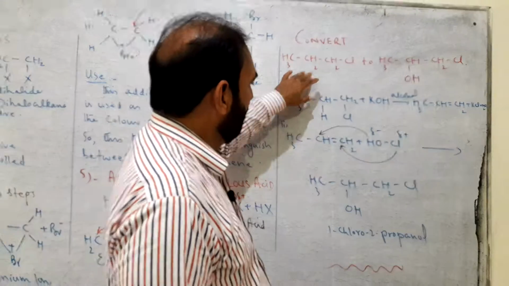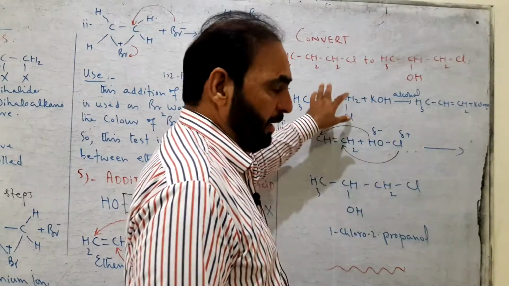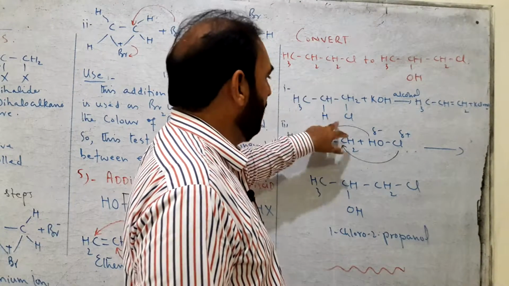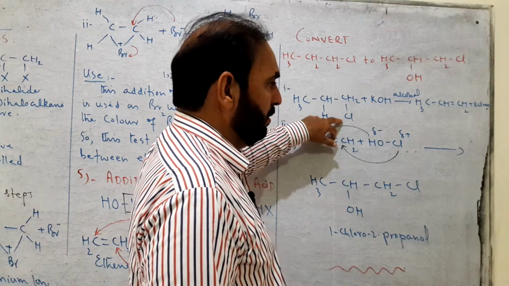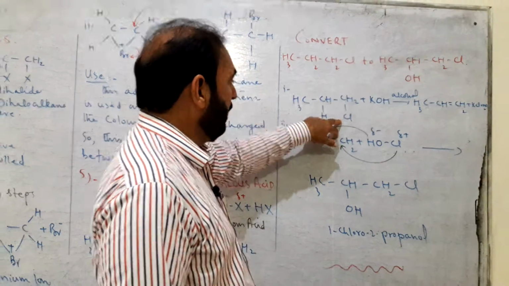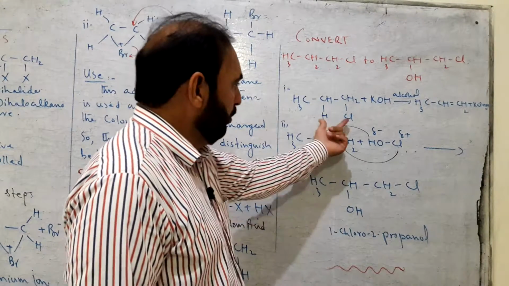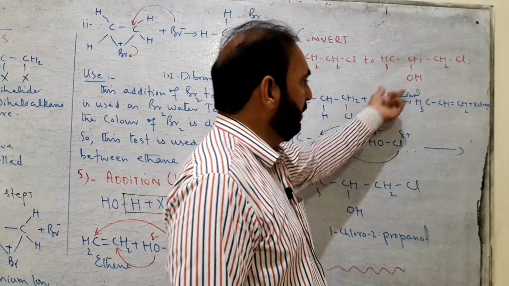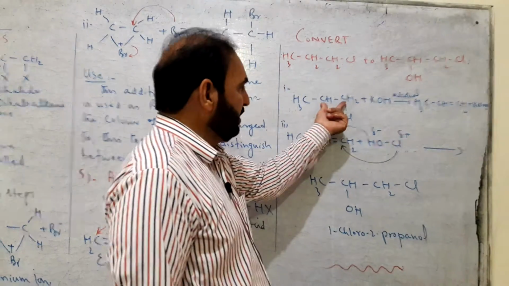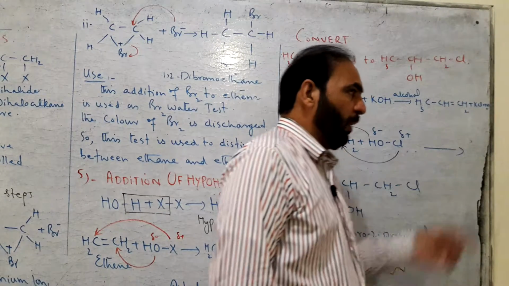Alkyl halide can be converted into alkene by the process which is called dehydrohalogenation. Halogen, the chlorine atom, and a hydrogen atom from two adjacent carbons are removed simultaneously by using potassium hydroxide in alcoholic medium. CC single bond is changed to CC double bond. Propene is the first product.